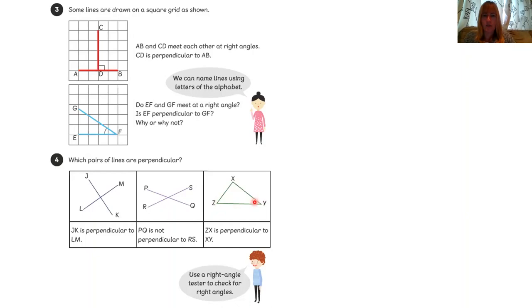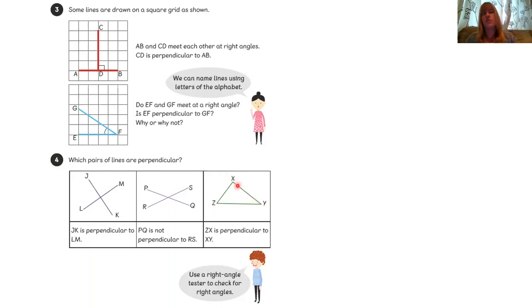The same with this angle, it's not a right angle, so XY and YZ are not perpendicular. However, over here, it is a right angle, which means that this line, ZX, is perpendicular to this line, XY.